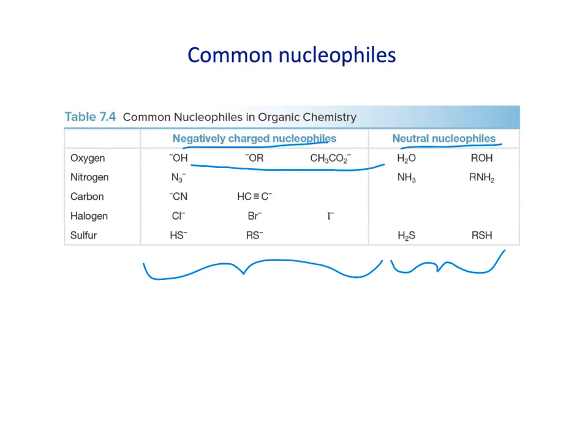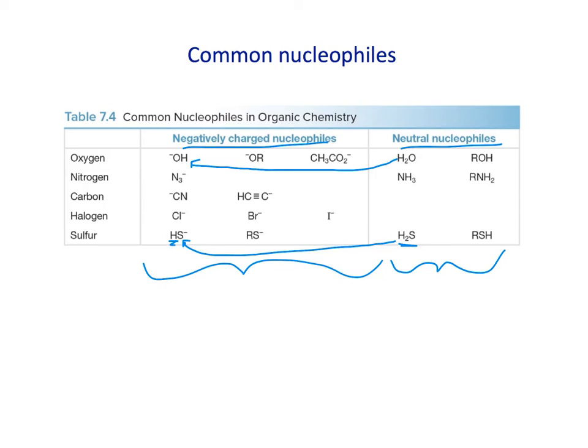So if we compare water with hydroxide, hydroxide is the stronger nucleophile. If we compare hydrogen sulfide over here with the thiolate anion, the thiolate anion is stronger over here.